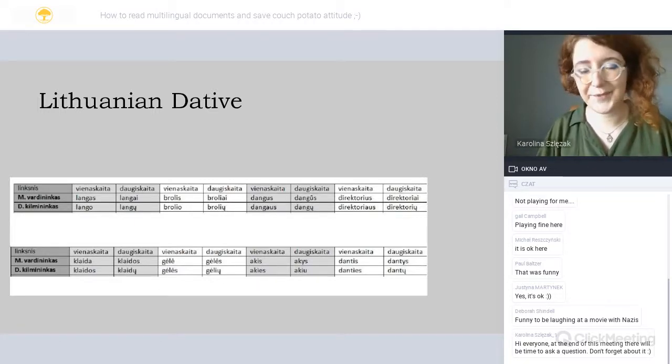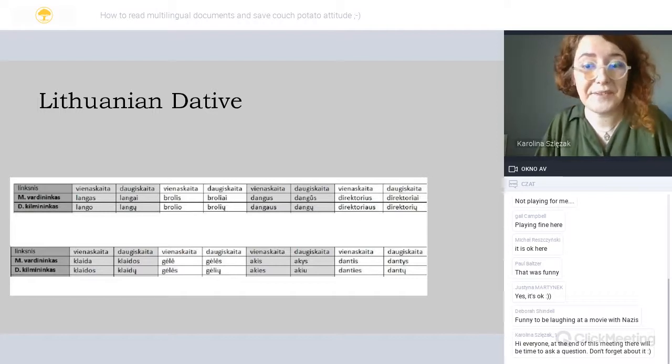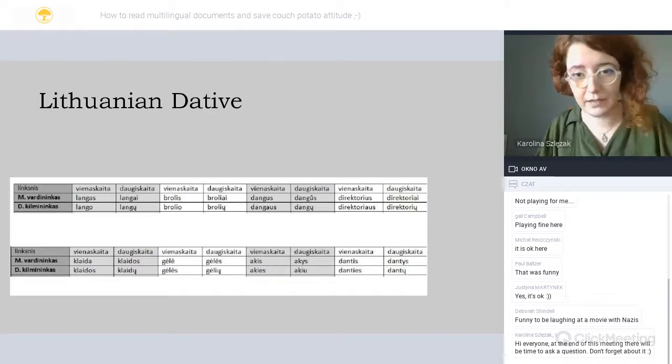So this is the way to search for them, because they are available.